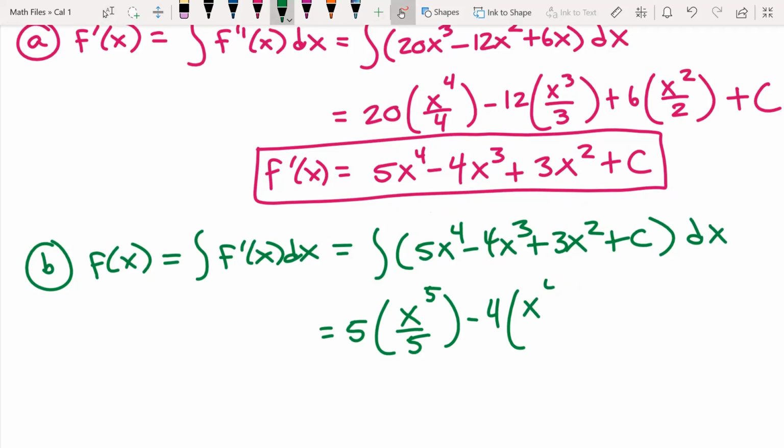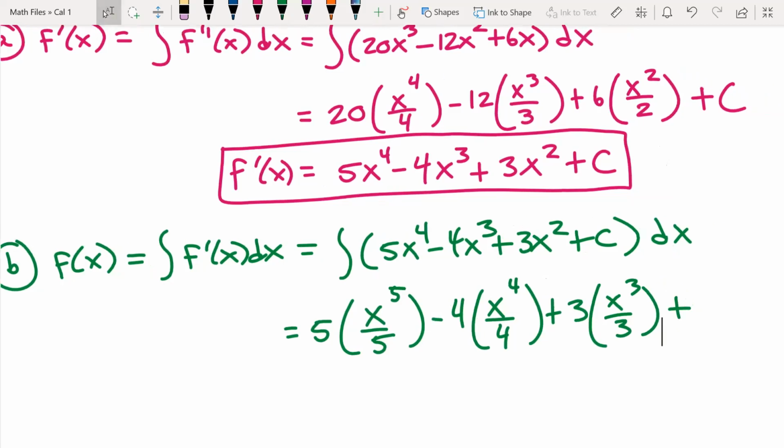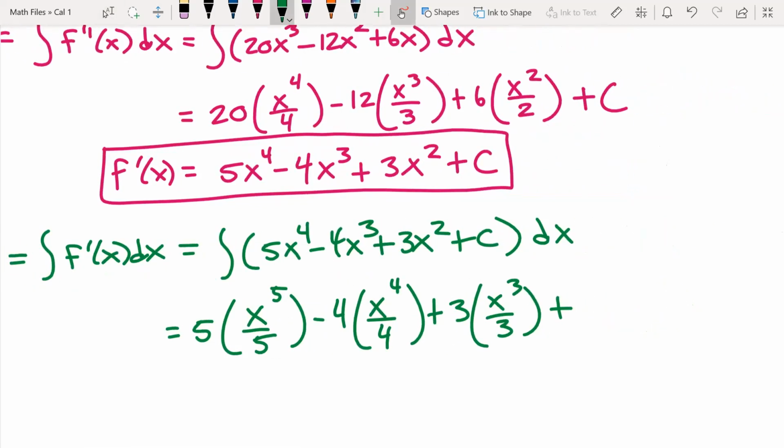We saw that: x to the 4th over 4. Good. And then the antiderivative of x squared. x cubed over 3. x cubed over 3. And then constant rule on the c. What are we going to get? Plus cx. Oh, cx. Okay. cx plus d. We have to add a new constant of integration.